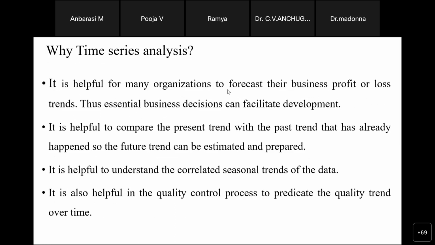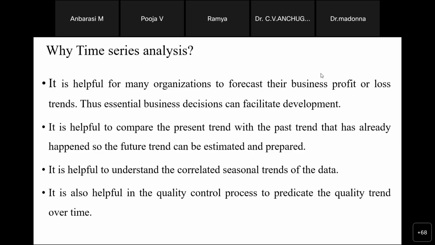Actually, why should we go for time series analysis? Generally it helps in analyzing the pattern of the data over a graph, and based on the graph we can predict whether it is going to be an uptrend or a downtrend, in the case of the stock market.